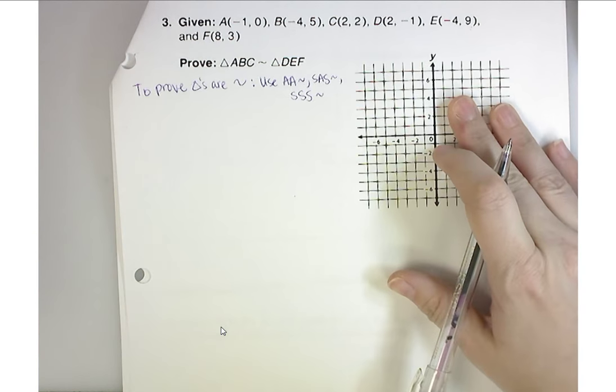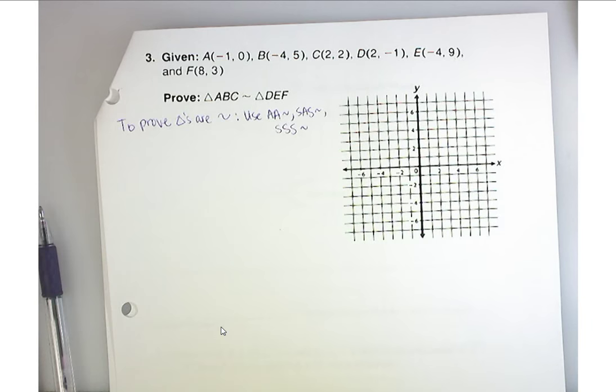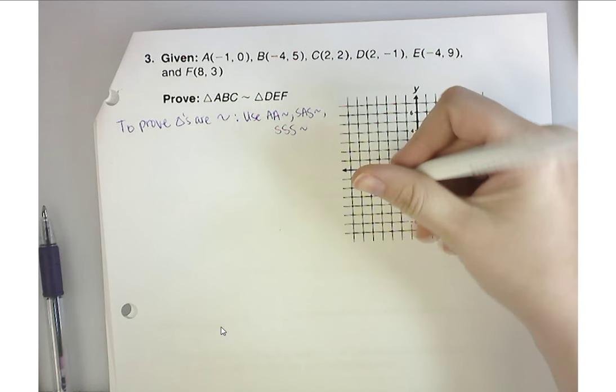Okay, so let's plot these, and then you are going to get a better picture of what we want to do. So I'm just going to use some markers just because it'll show up a little better. Okay, so for A, I have -1, 0.